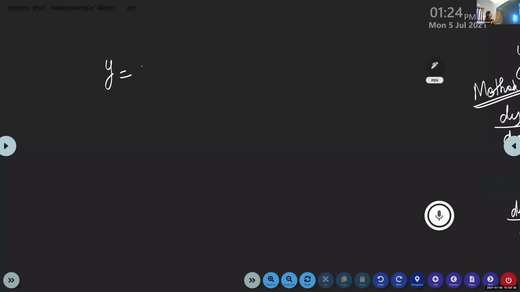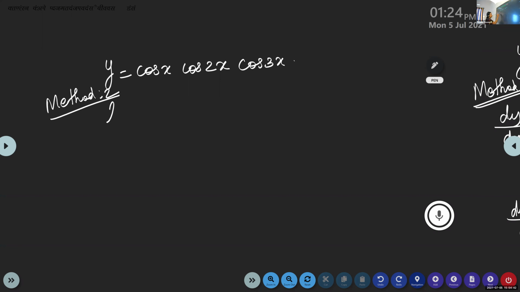The question is, y is cos x cos 2x into cos 3x. In logarithmic derivatives, what will we do? We take log on both sides. So log y is equal to log of cos x cos 2x cos 3x.